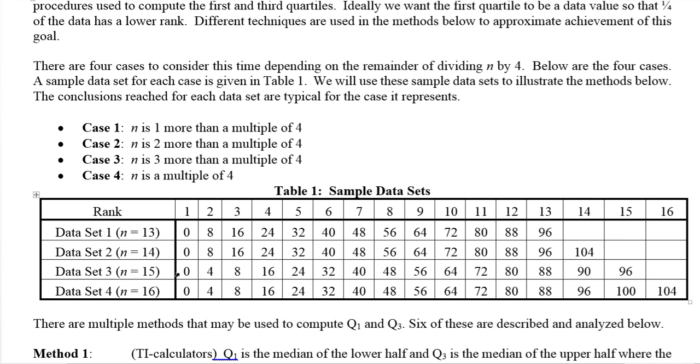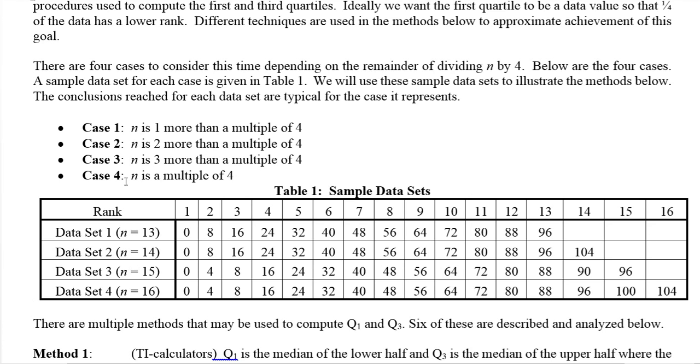And notice that when you divide the sample size by 4, the first one has remainder 1, then remainder 2, remainder 3, and then remainder 0. That's going to be important because those are the four cases: n is 1 more than a multiple of 4, 2 more than a multiple of 4, 3 more than a multiple of 4, or actually a multiple of 4.